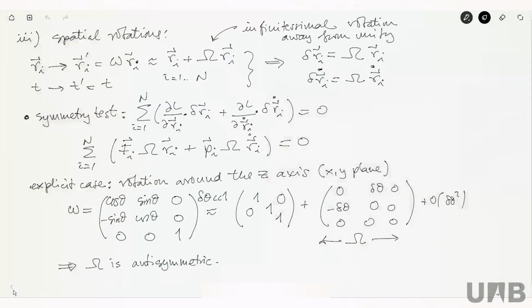So let's go back. Oh, sorry. Let's go back and look at the symmetry test for this particular case. So 0 has to be the sum from i equals 1 up to capital N of each force F_i, my matrix omega, which I just derived, plus p_i, my matrix omega again, r dot i. Okay, good. Now I'm going to decompose this vector-matrix-vector product into components.